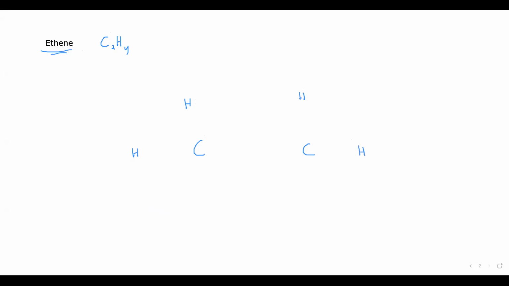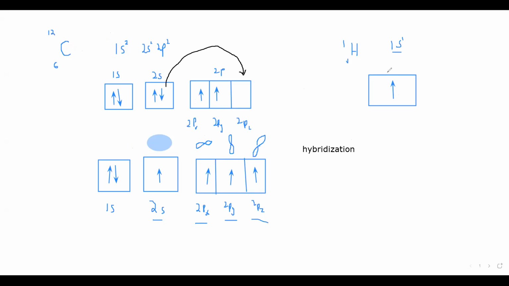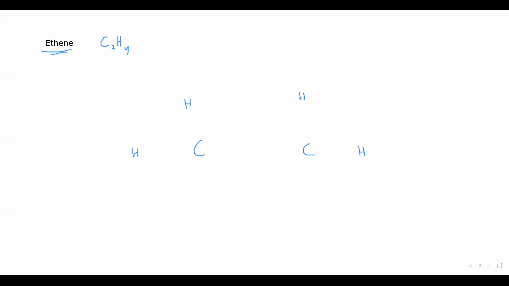For hydrogen, which orbital is available for forming a bond? 1s is available, and 1s is spherical. So this will be the hydrogen orbital 1s. This is 1s, this one is 1s, this one is 1s.